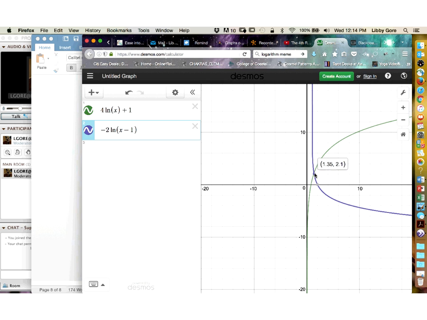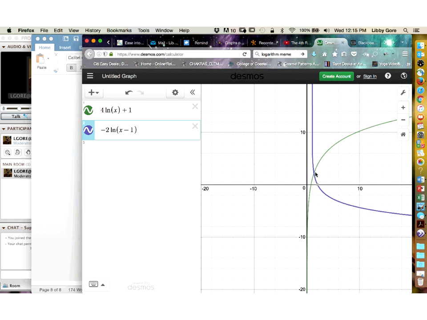Okay, so they don't have a calculate, but we can probably get pretty close. So this is looking like it's about 1.32, 2.279. I'm going to calculate it on my TI calculator here, so we can get an exact calculation.